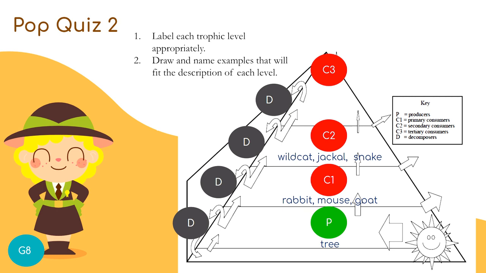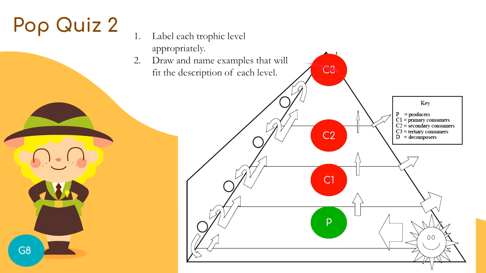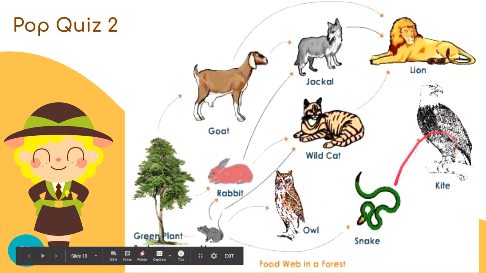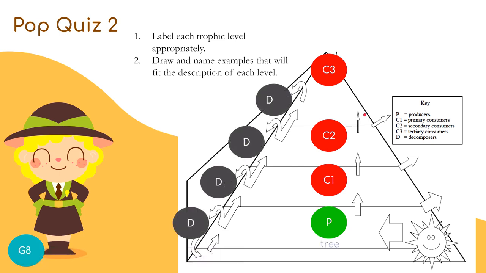And then the top predator or apex predator are your owl, lion, and kite. Nothing eats them anymore. So let's see now, tama ba? Owl, kite, and lion. Nothing eats them anymore. So yes, they are the top or apex predator.